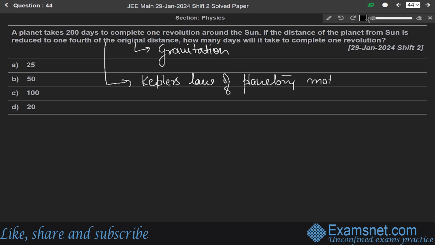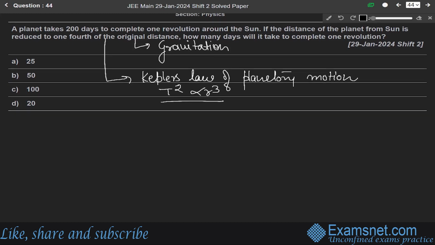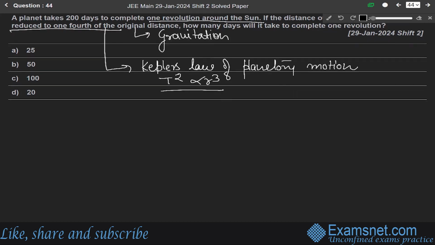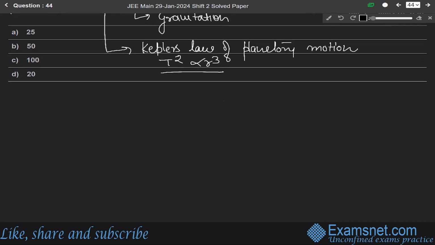Okay, and we know what is Kepler's law of planetary motion? That T square is directly proportional to R cube. Now from the question, it takes 200 days to complete one revolution around the sun. If the distance between planet and the sun is reduced to 1/4 of the original distance, then we have to find the number of days. Okay, it means T1 square over T2 square equals R1 cube over R2 cube.